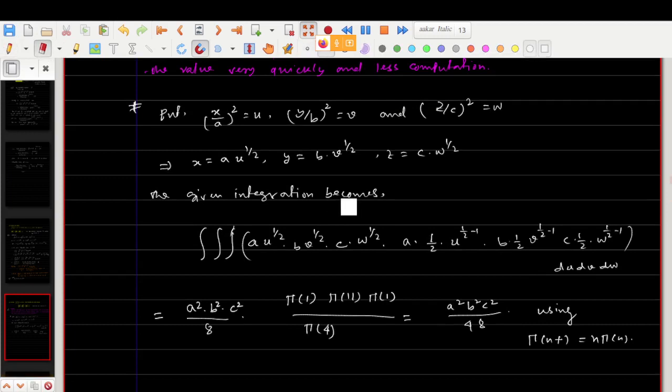Recall that Dirichlet's theorem is valid only for positive values of the variables.